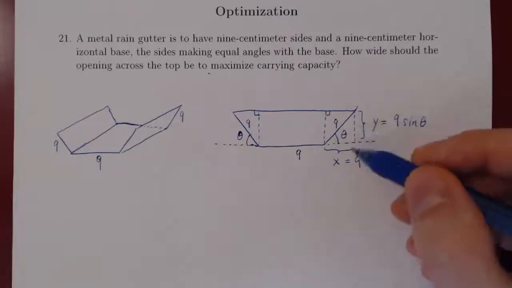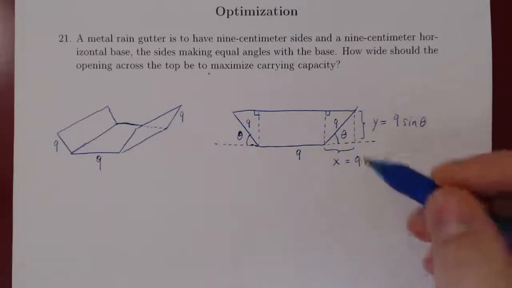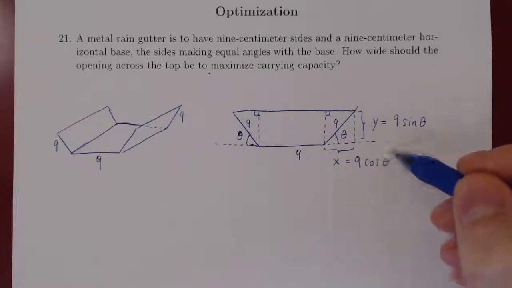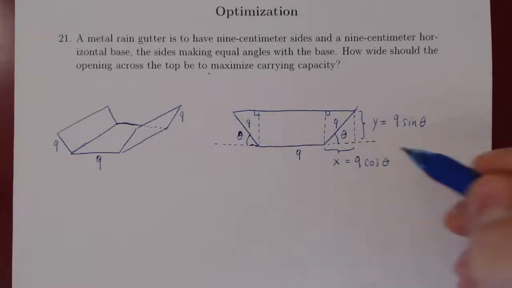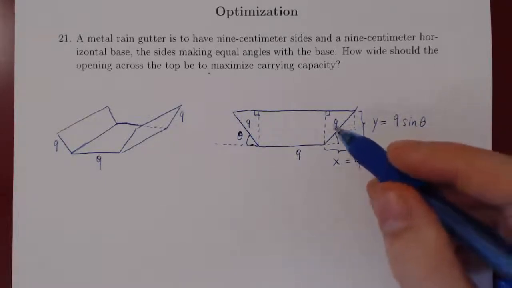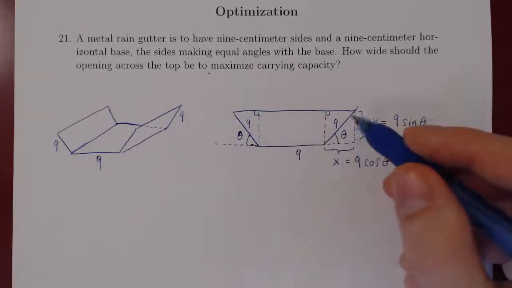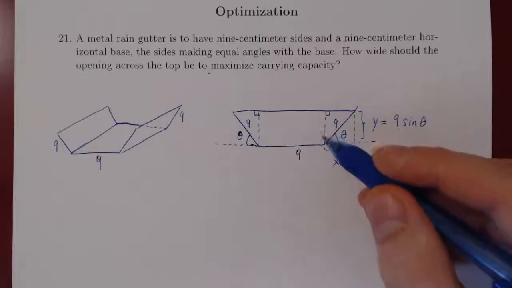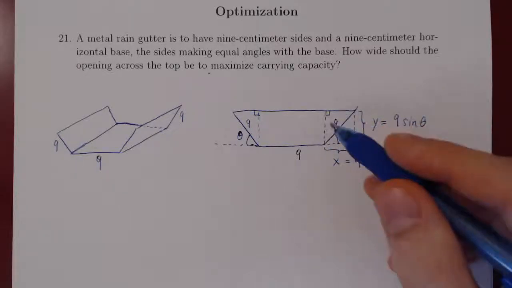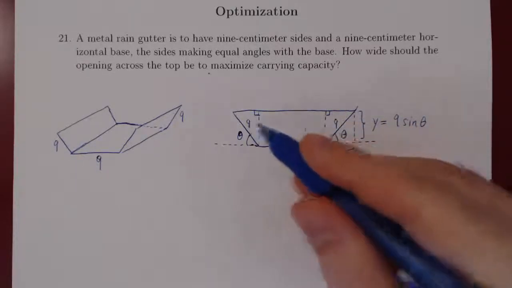What's the area of this triangle? It's the base times the height over 2. So it's 9 cos theta times 9 sin theta over 2. But we're adding the area of this triangle twice. So it will simply be the base times the height, gives you the area of this rectangle, which is twice the area of the triangles.